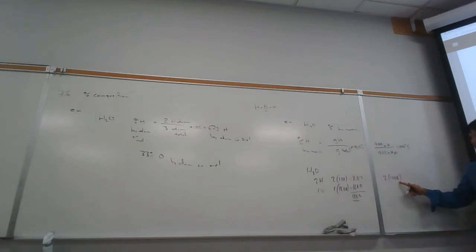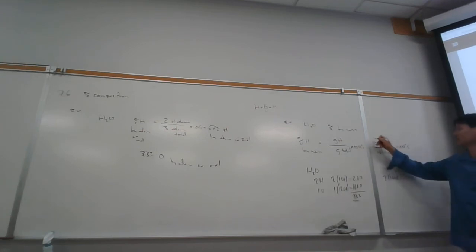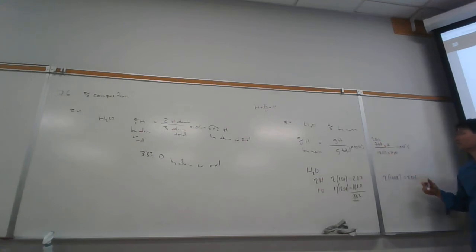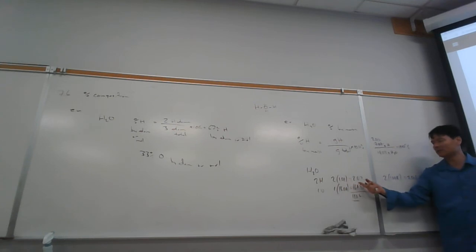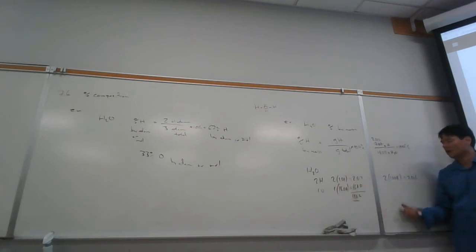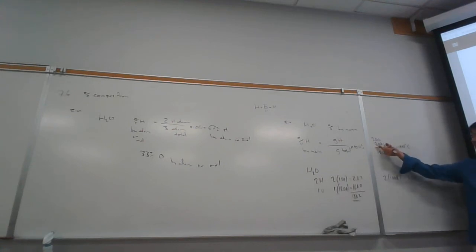If I use 1.008 instead of 1.01, then I'm going to get here 2.016. If I have 2.016 grams of hydrogen, that's going to give me 4 sig figs in the division. Over here it's perfectly fine because all I need is 2 decimal places. Over here it's not fine because I need 4 sig figs.